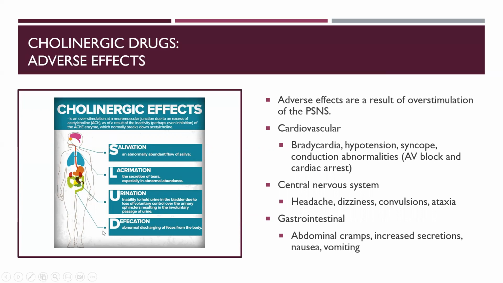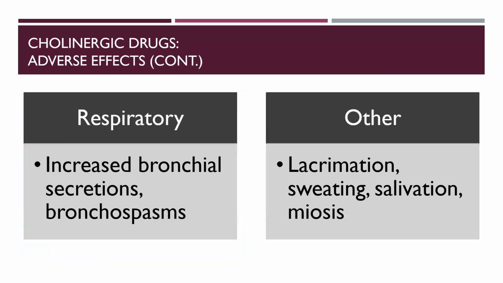Because if we look at all of these different effects, if you push it to the extreme, that's when you're going to see things like abdominal cramping, increased secretions, all that. It can also cause adverse effects such as bronchospasms, because if I'm not having to run anywhere, I've got bronchoconstriction, so it's going to have more of those spasms. Also increased tears, sweating, salivation.